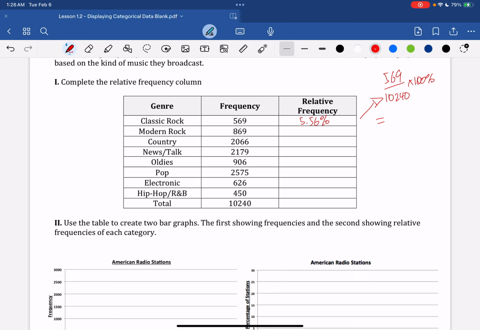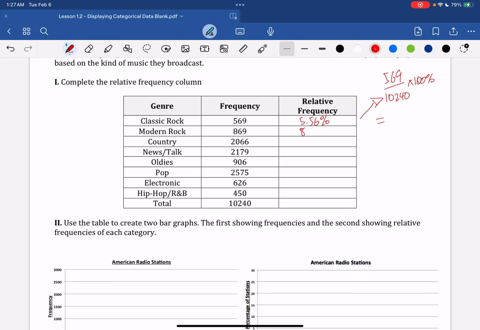I encourage you to pause, take a minute, make sure you're comfortable calculating these. Remember, we need to make sure all of these ones add up to 100% at the end. So you should be able to take into account all the rounding that you're working on to get that accurately done. Assuming you've paused it, welcome back.